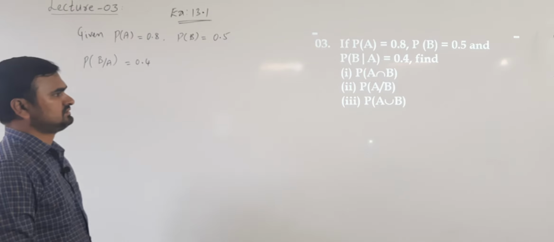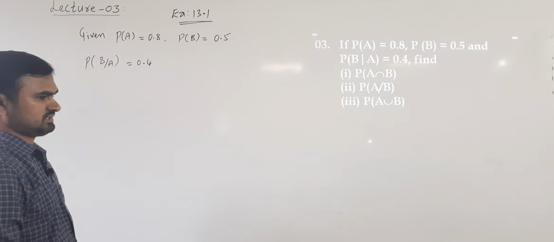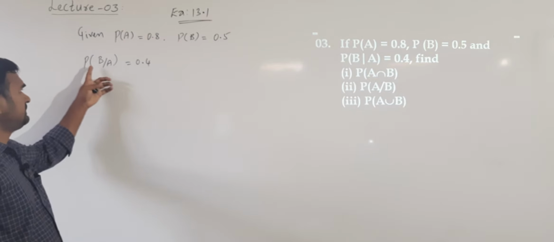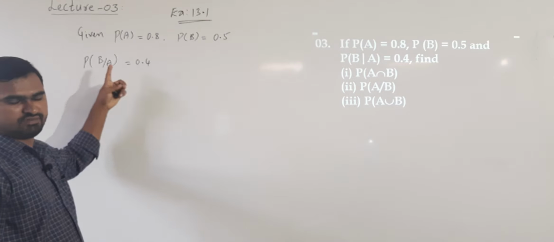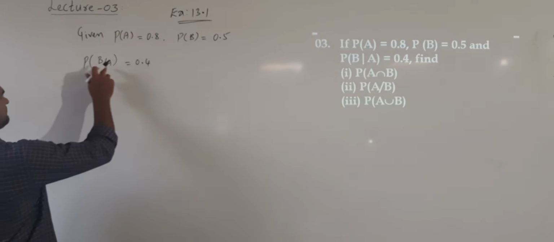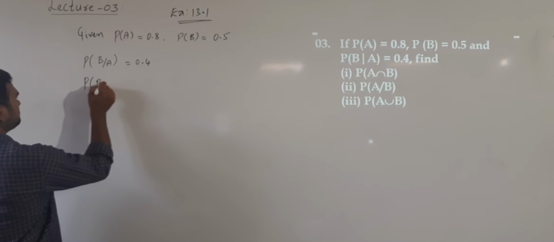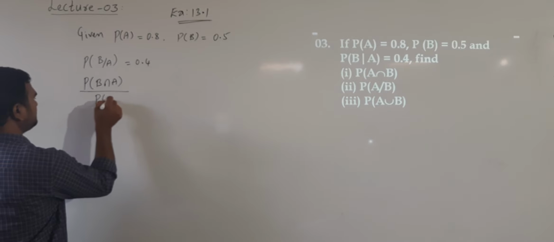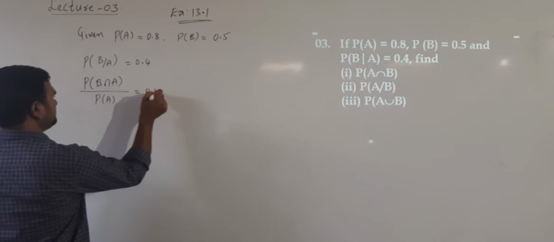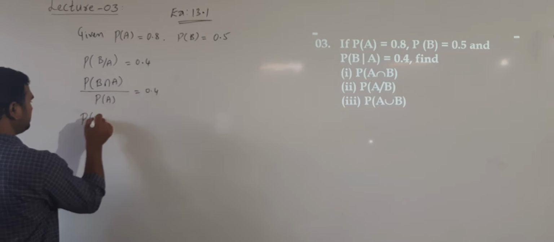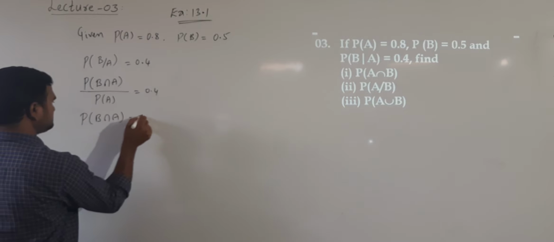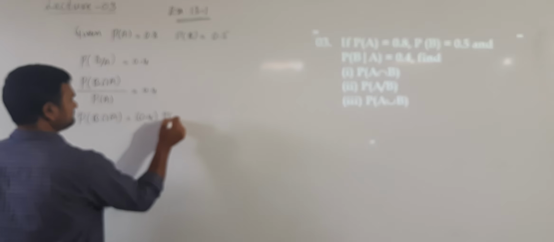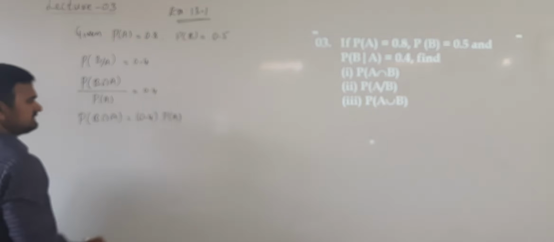From this, we have to find P of A intersection B. Now for finding P of A intersection B, we will use the conditional probability of B given A. P of B given A is P of B intersection A divided by P of A, which is 0.4. So probability of B intersection A is 0.4 into P of A. Multiply P of A here.